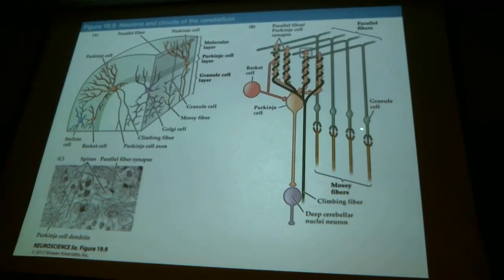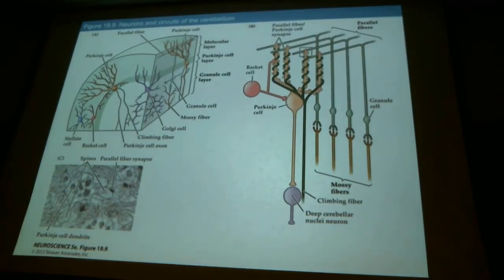Now the granule cells themselves are getting inputs from the mossy fibers. And then there's a second excitatory input from what we call the climbing fibers, and these are excitatory. These are derived from the inferior olive. I have a text slide next that outlines all this, so don't worry if you're not getting this all down. Just look at the diagram.